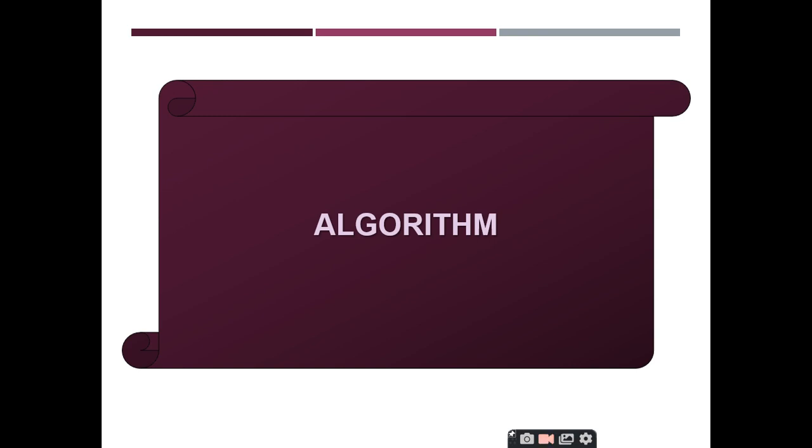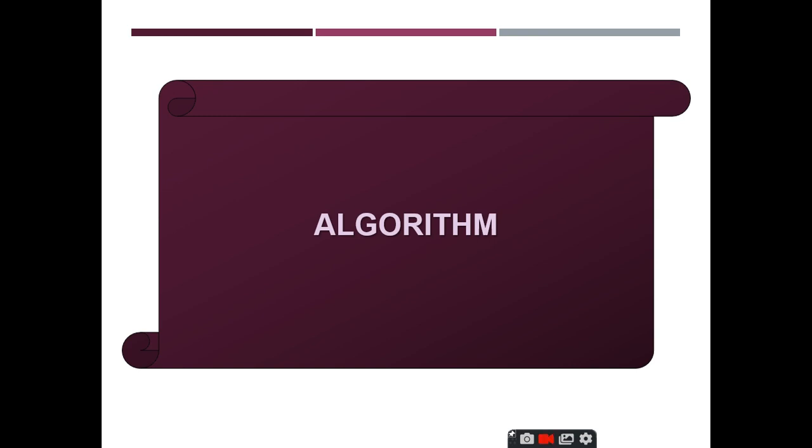Before that, whenever you get a problem and you are asked to give a solution, first of all you have to write an algorithm, and then you have to convert that algorithm into a diagrammatical representation which is called as a flow chart, and based upon the flow chart you can write a software program. So you can assume that writing a program for a given problem is a third step.